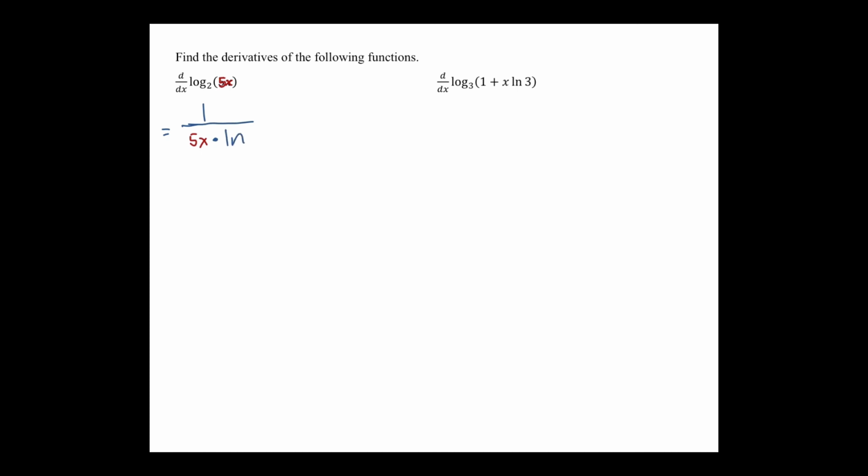No. It's ln of the base, so in this case 2. But now we have to multiply it by the derivative of the inner function. The derivative of the inner function is 5. So our answer here is 5 over 5x times ln of 2. The 5's cancel, giving you 1 over x ln of 2.